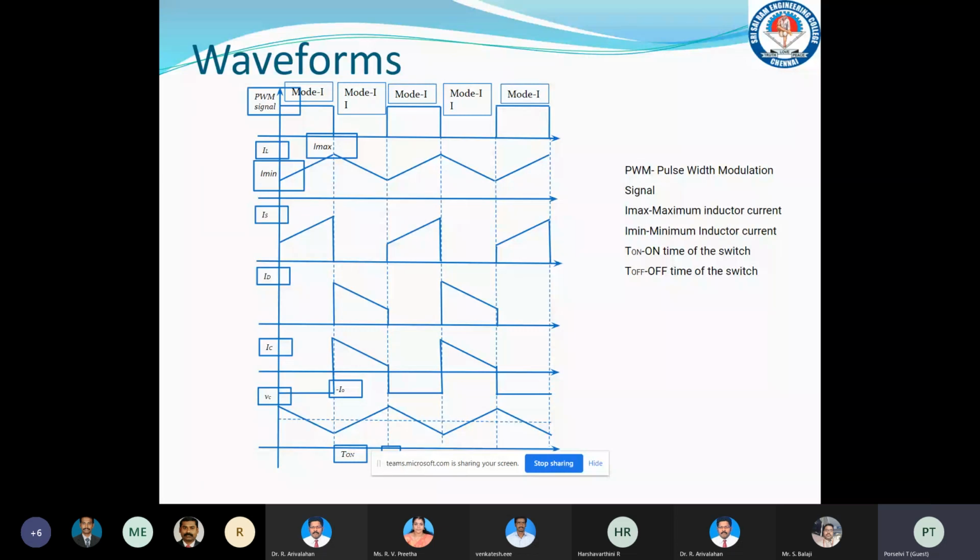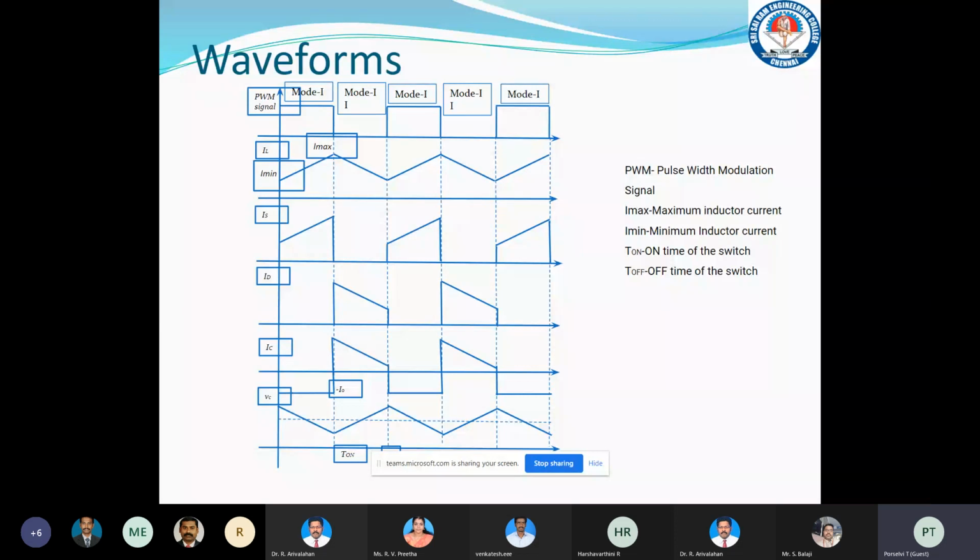The inductor current increases from I minimum to I maximum during mode 1, when the inductor gets charged. During mode 2, the inductor dissipates its energy, so the current decreases from I maximum to the I minimum value. The source current waveform is the same as the inductor current waveform during mode 1.